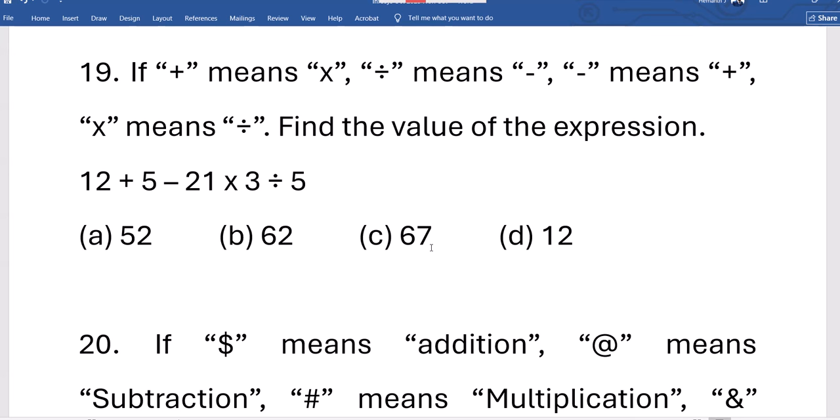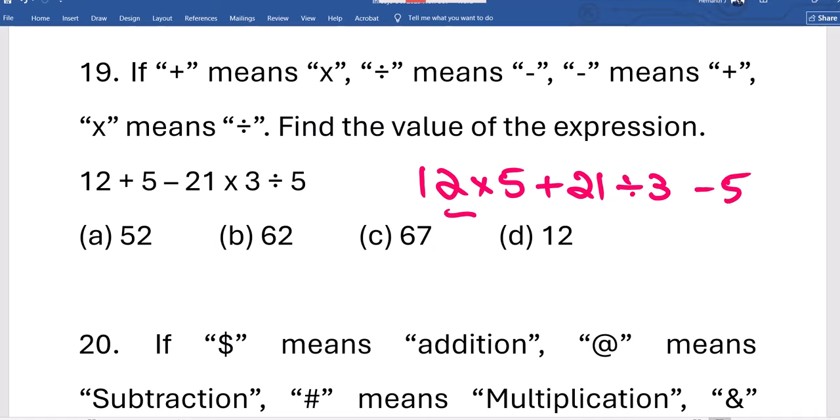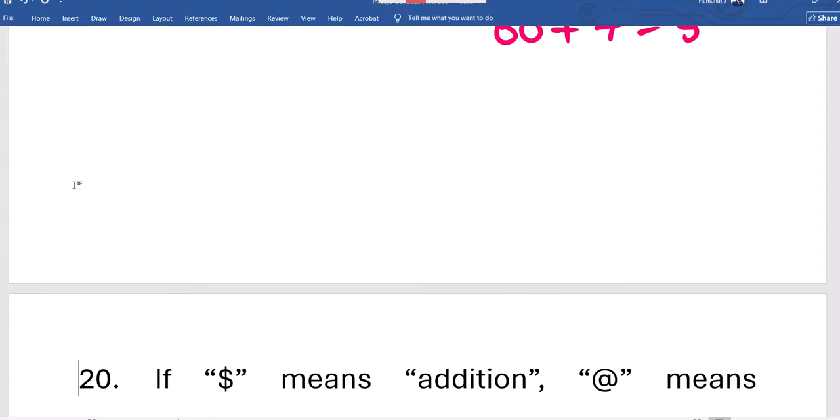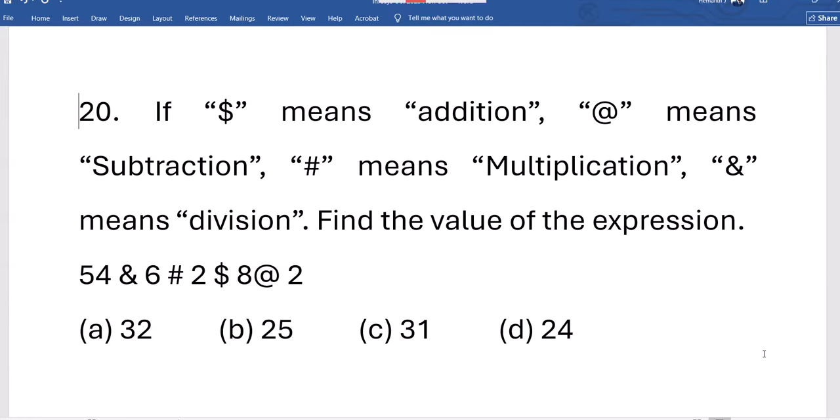Is the answer 62? So 12 multiplied with 5 plus 21 divided by 3 minus. Multiplication and division we can do separately. 60 plus 7 minus 5 which is 62. Next one, you just need to put those symbols here in the expression and complete that. Yep. Solve this.